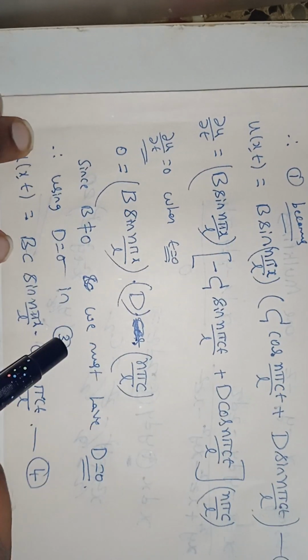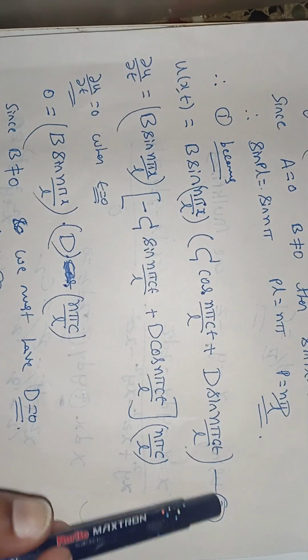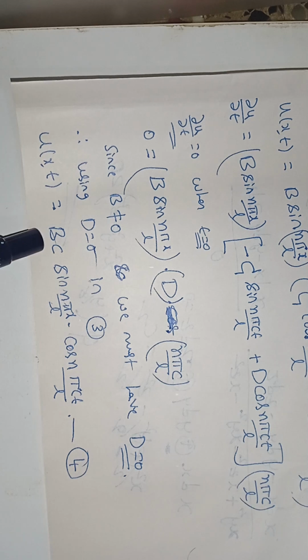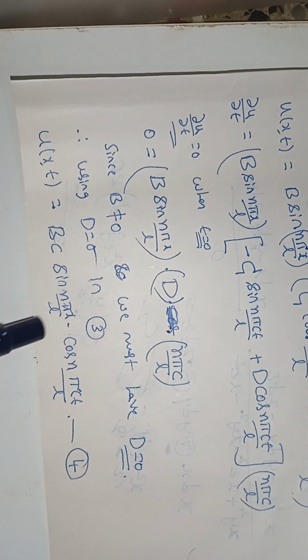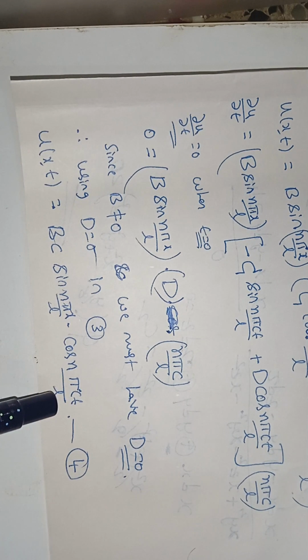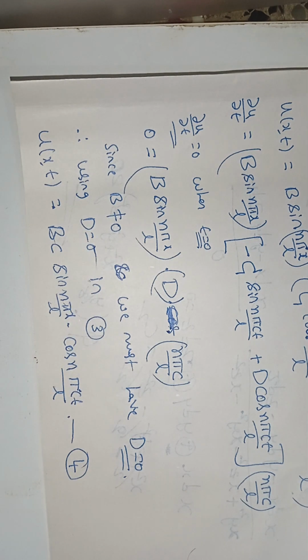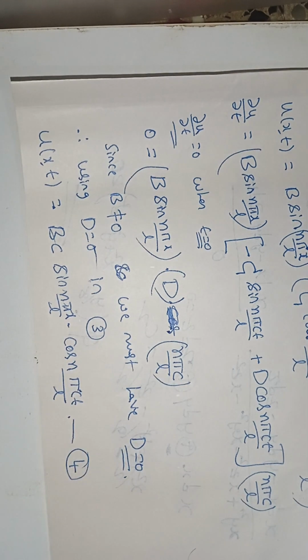So using D = 0 in equation 3, you end up with u(x, t) = BC sin(nπx/l) cos(nπct/l). This is given in the notes also, you can follow this.